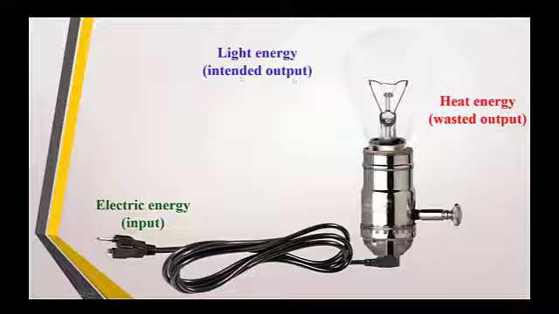And that's what's intended to happen. But there's also heat that is being created, and that is a conversion of electrical energy to heat that I did not want and cannot use. In fact, I may have to use other forms of energy to get rid of it, like air conditioning. So this is an inefficiency of this device, and it's wasted output and wasted energy cost.